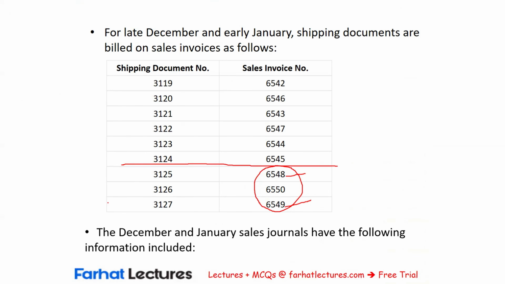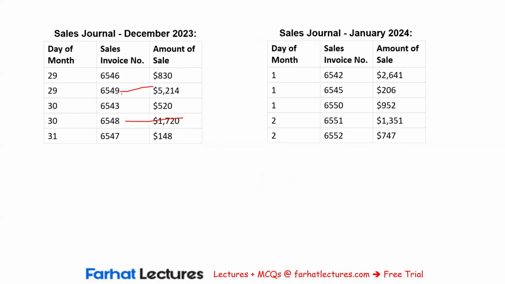These two invoices need to be recorded in 2024 because the shipping date is after 2023, and definitely they're going to be delivered in 2024, not in 2023. So these are overstatements of sales.